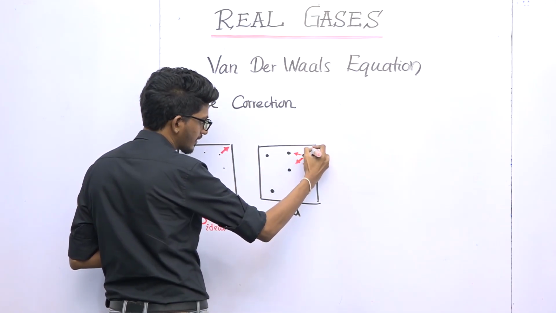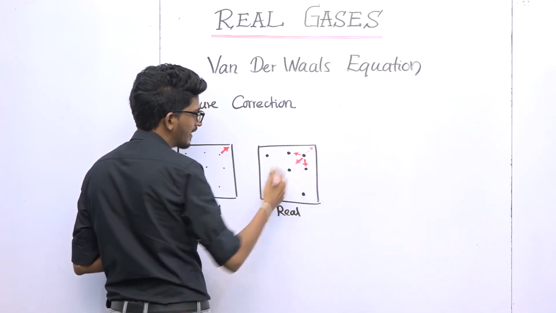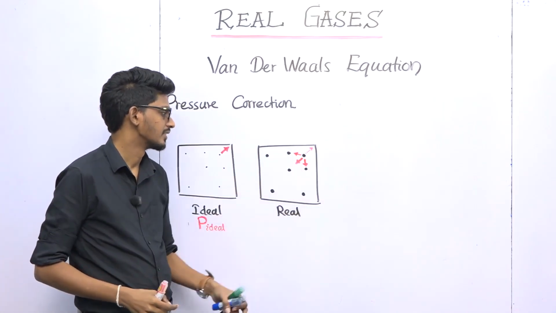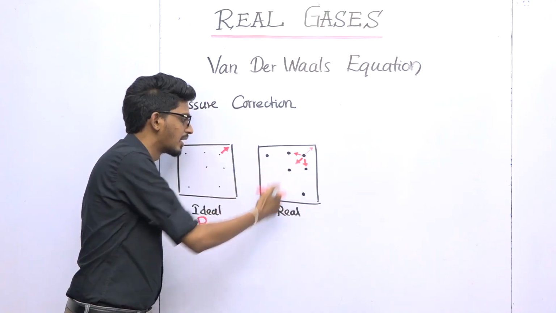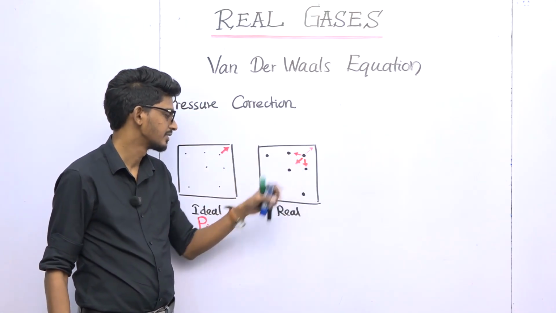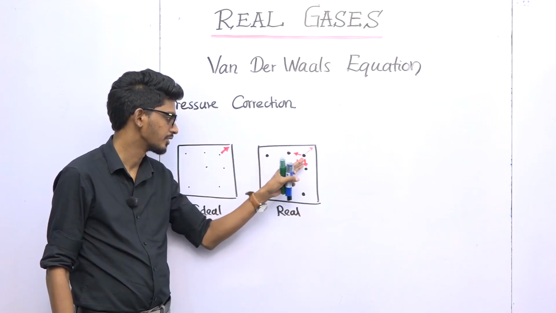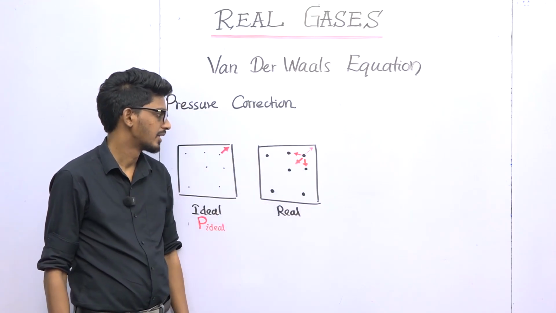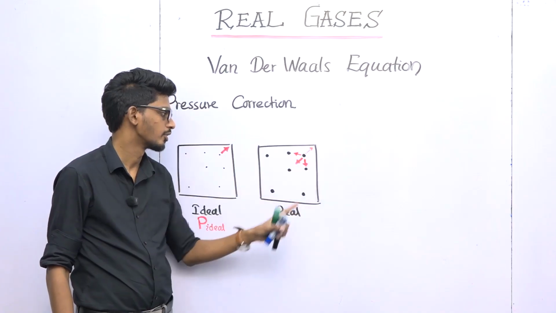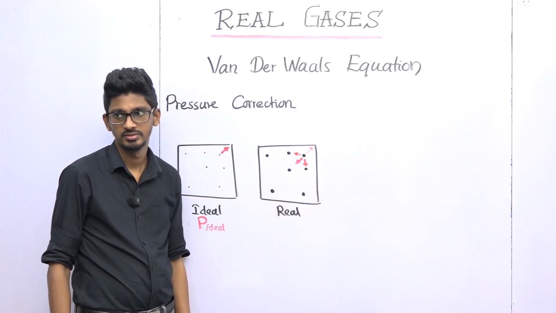So the force exerted on the walls by that particle becomes lesser, because of this drag by the other particles. As the attractive forces are there among particles, the force exerted on the walls from these particles becomes less.